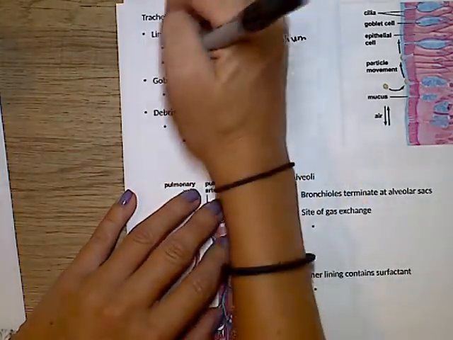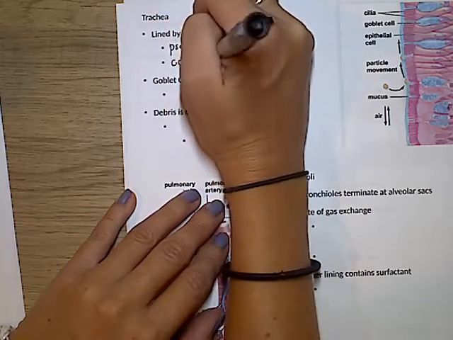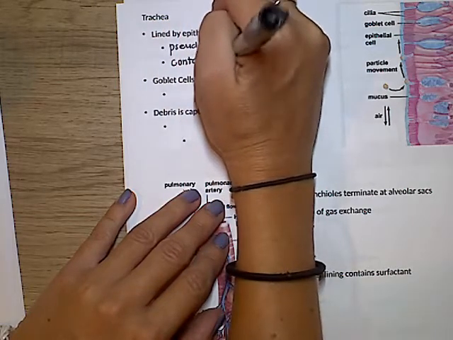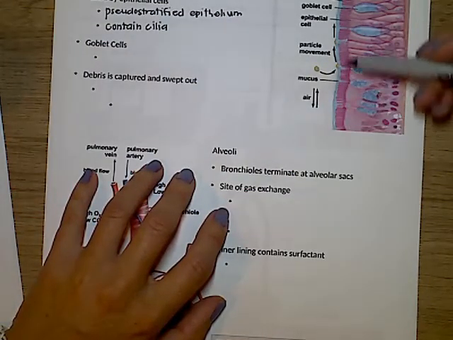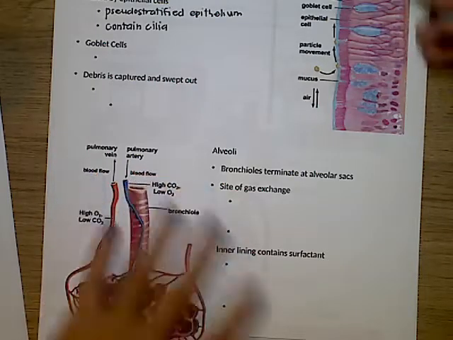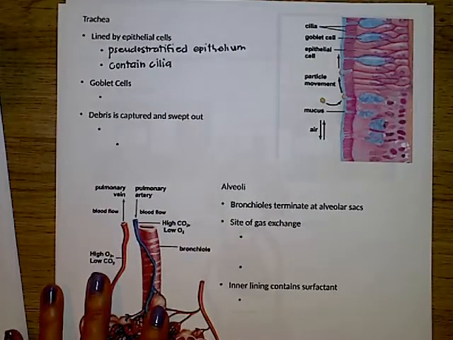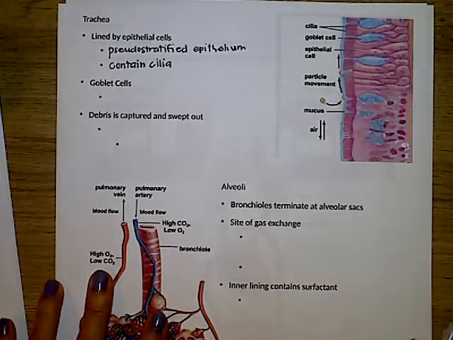And they contain cilia. If you look at this picture here, these are the cilia, and they help to sweep things out of the respiratory system that aren't supposed to be there, like this little particle here.